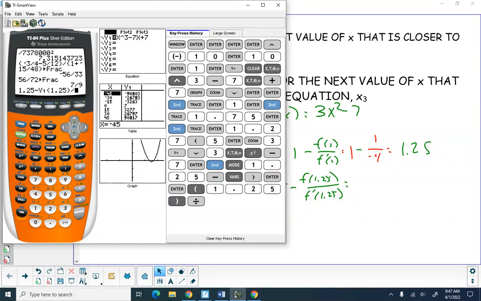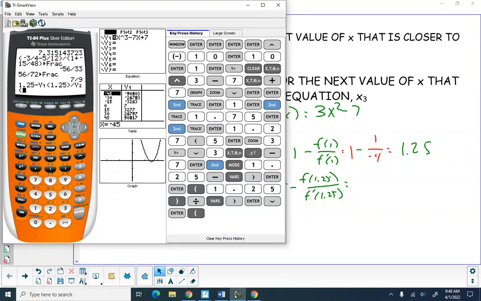And we have to divide that by, once again, go through the exact same process. Your vars, your y vars, your function y2 at 1.25. This will evaluate your derivative at 1.25. Now hit enter.